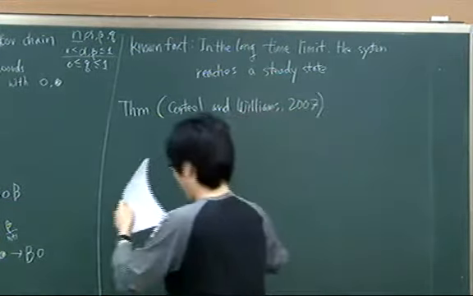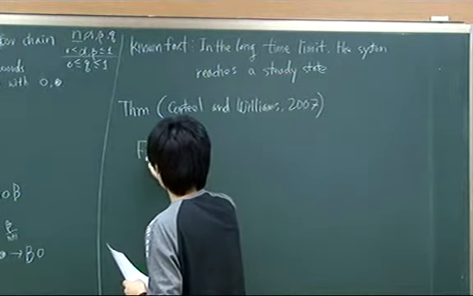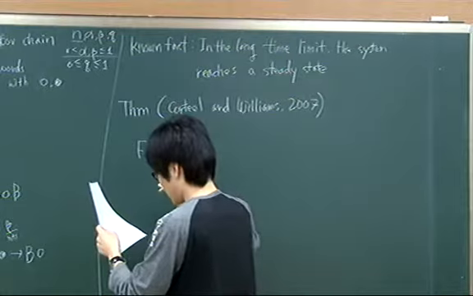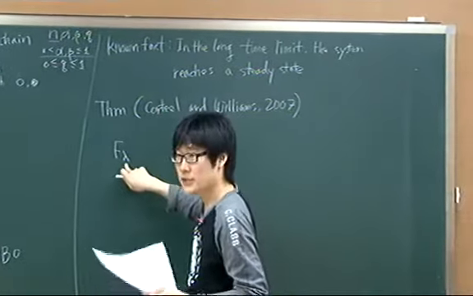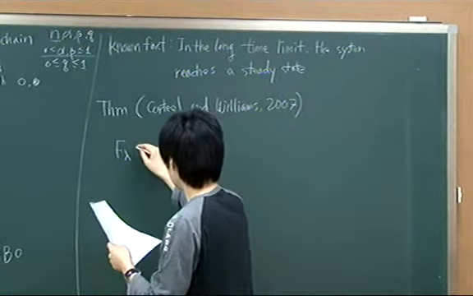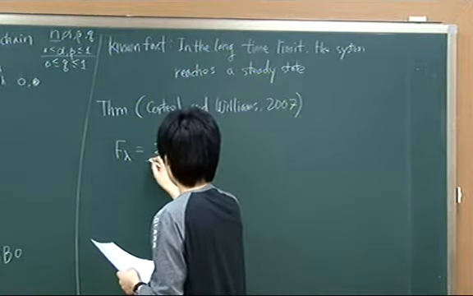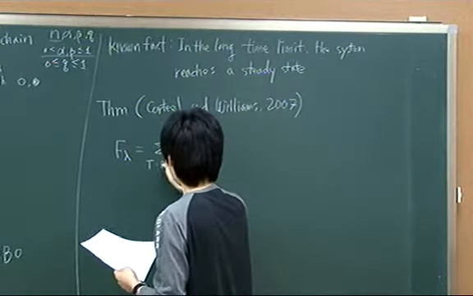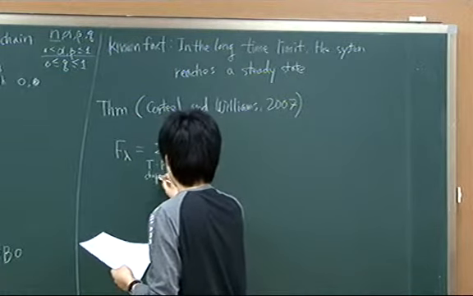We need some notation here. Lambda is a partition, and F lambda is the sum over T, permutation tableaux of shape lambda.